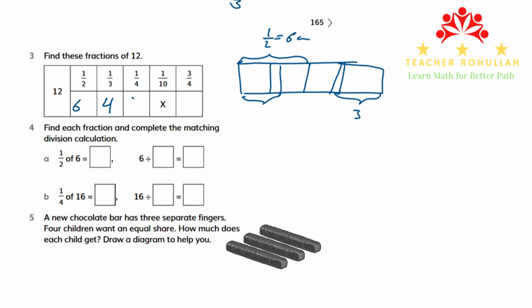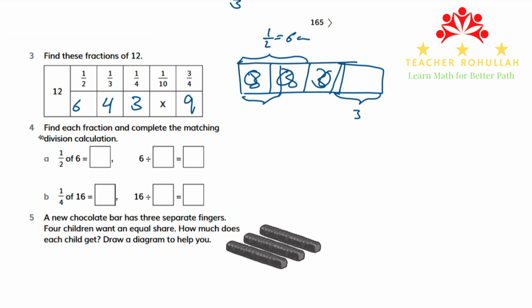So the answer here is 3. For 3/4, we have 1/4 here, 1/4 here, and 1/4 here. Because 1/4 is 3, 3/4 will be equal to 9. 3 here, 3 here, and 3 here. So 3 of them will be equal to 9. Question 3 is also solved.